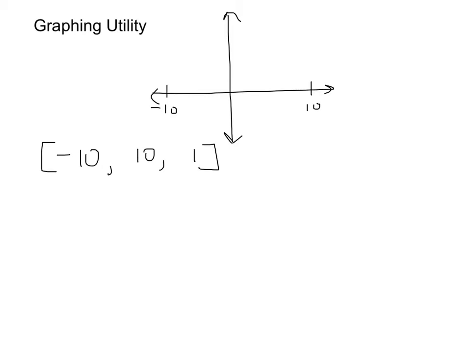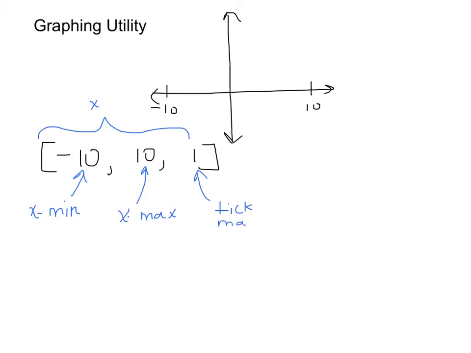And the first set refers to your x coordinates. What this means is this is your x minimum. This number is your x maximum. And this last number tells you what you're counting by. So these are the tick marks. So that means you're counting by ones on your graph.